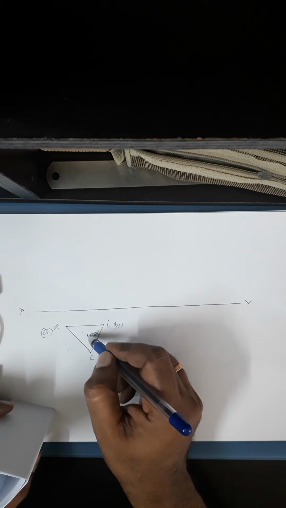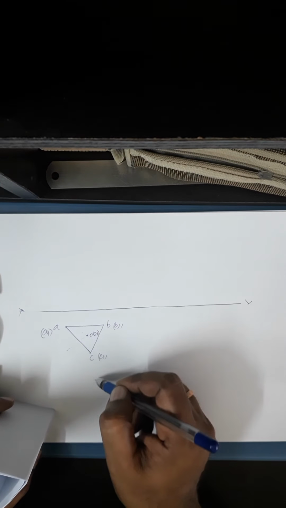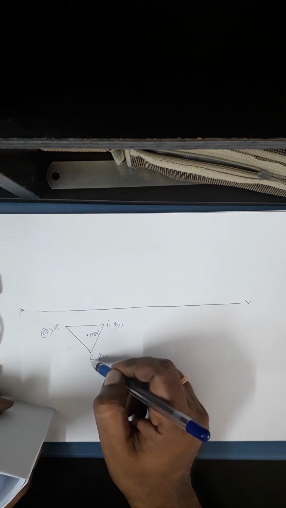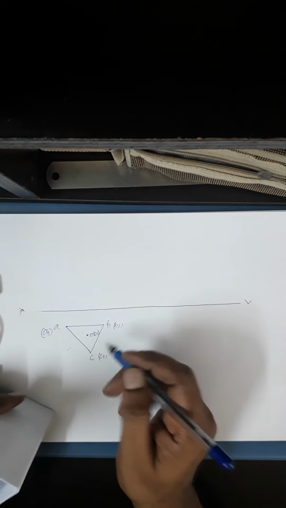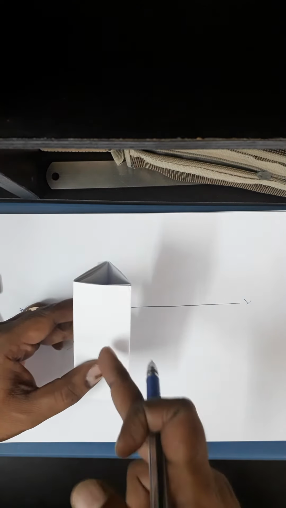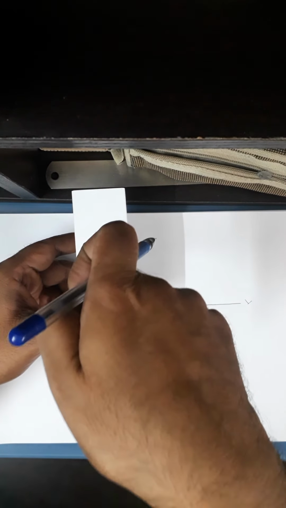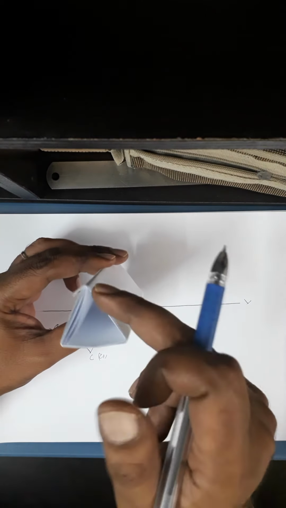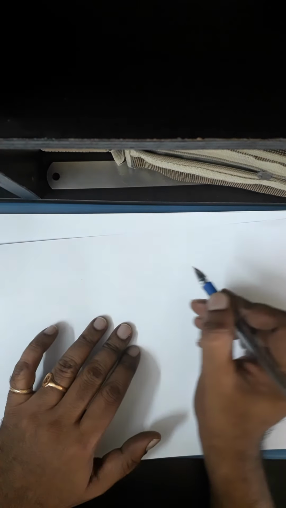Because you are going to have the axis, and when you are looking in the front, there may be some edges which are invisible. In this case, I cannot see this edge when I'm looking in the front. So there will be some visible edges and invisible edges, and you have to differentiate all these edges with different styles of lines.